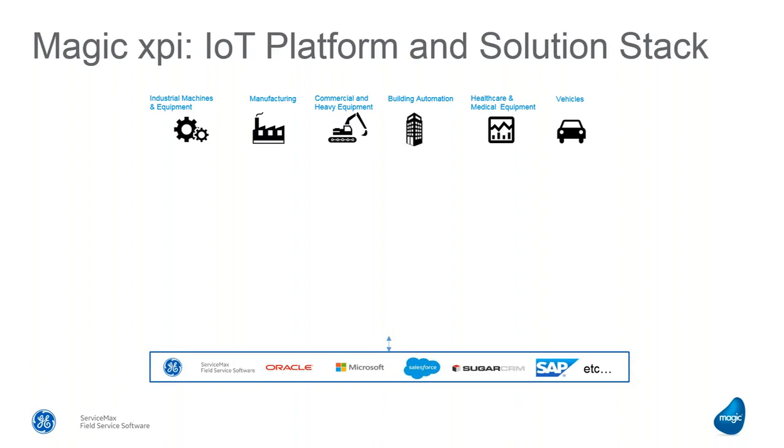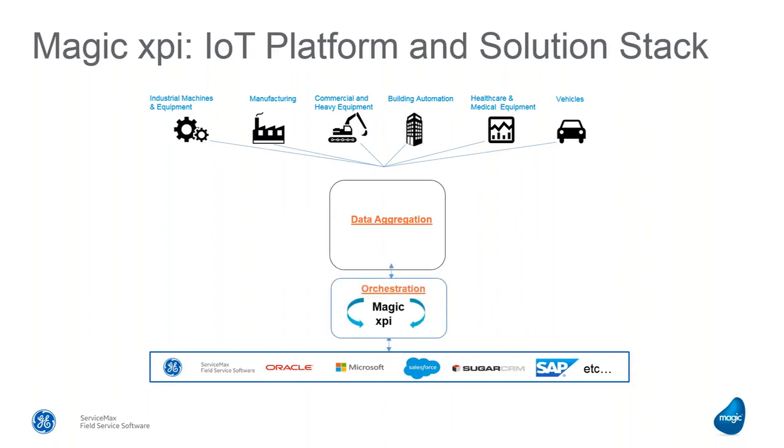Eventually, that data will have to communicate with applications like ServiceMax or other software, data lakes, etc., within an organization, and this cannot occur in a straight line from top to bottom. So the building blocks that are important in IoT connectivity are the data aggregation and then the orchestration of that data once it's been collected.